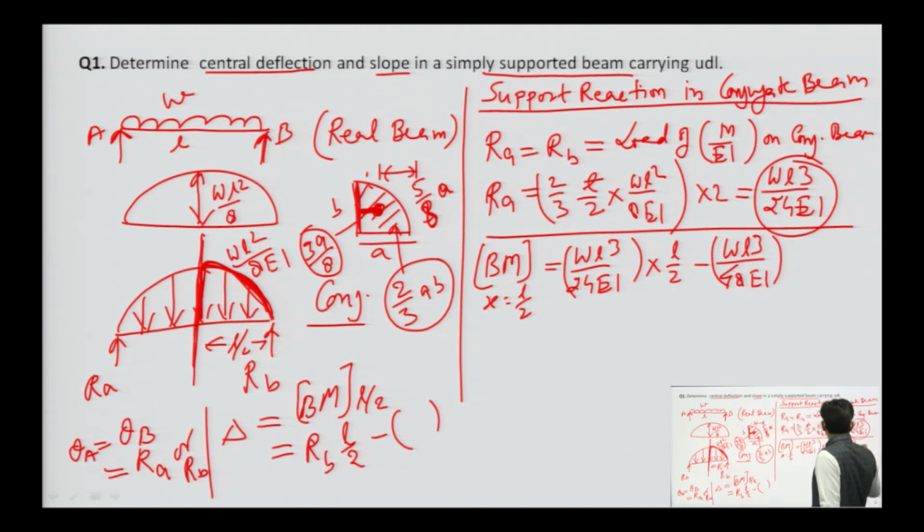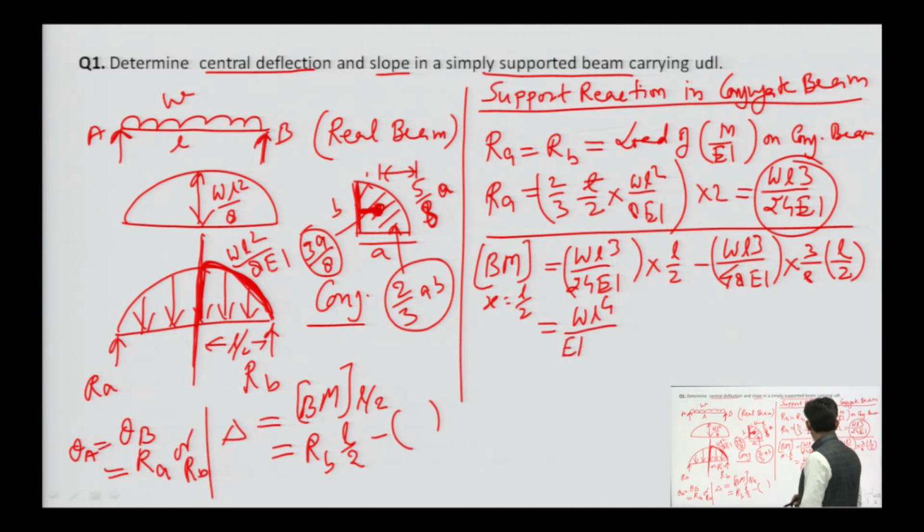So the load we have calculated, multiply it by 3 by 8, and A is L by 2. So calculate WL to the power 4 by EI, and take the constant 24 into 2 outside. So here it will be 1 minus 3 by 8.